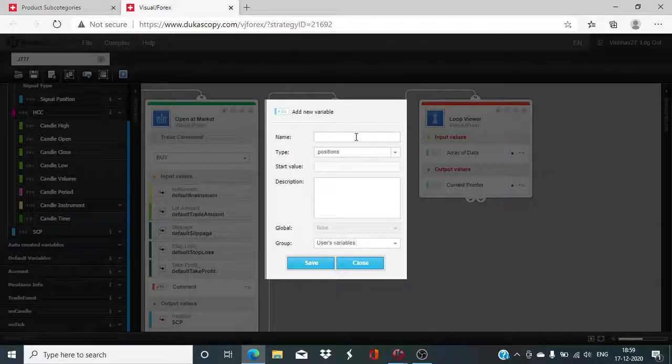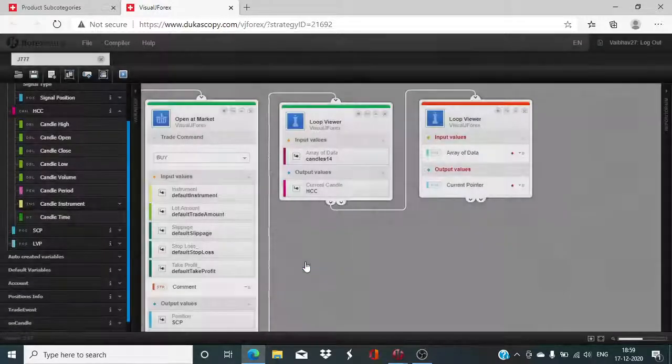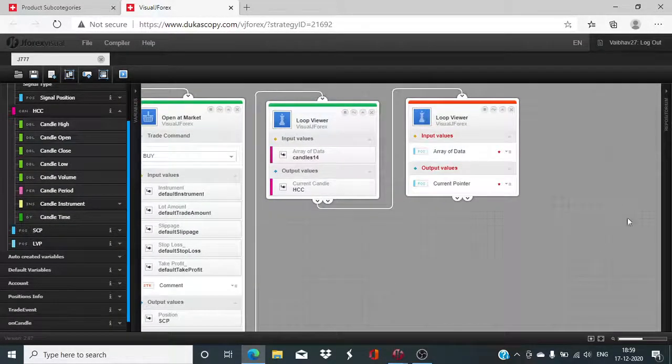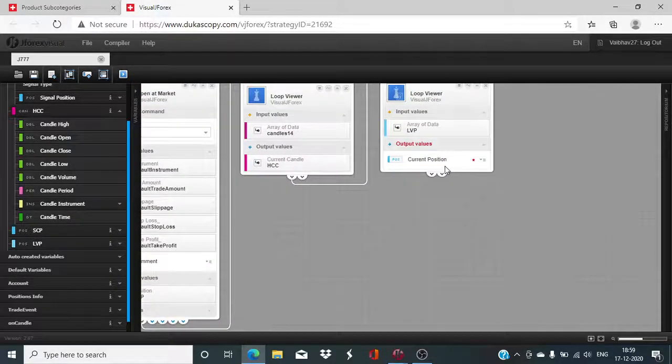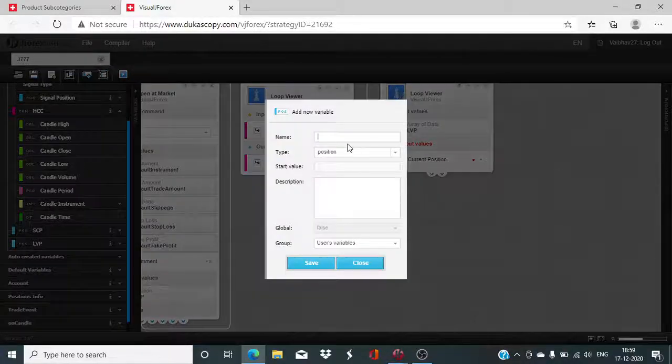Okay, and we name it LVP, and here then we put it in array of data point, and we name the output as accessible LVP.